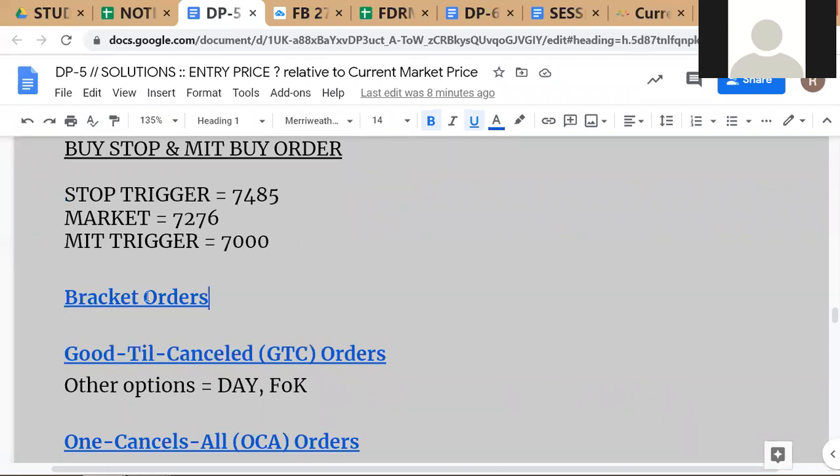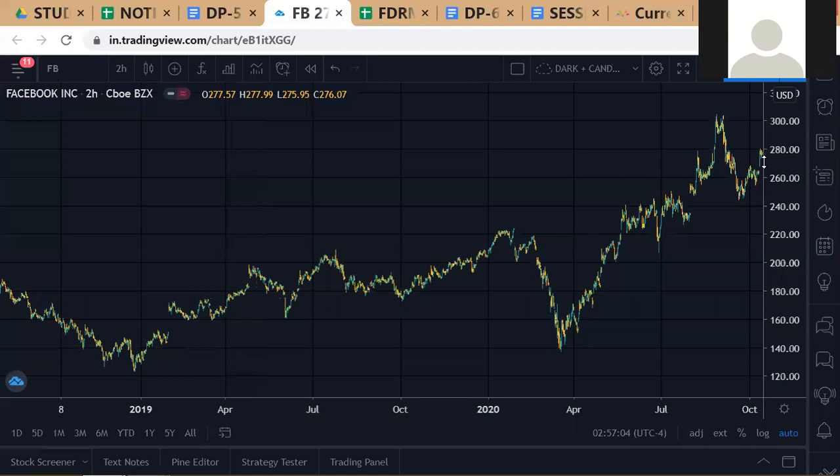A bracket is basically when you take a position. Let's say I buy Facebook at 280 and I want to place a stop at 240 and a take profit at maybe 400. In a bracket order, as soon as you enter it, the system will know that one is a take profit and one is a stop.